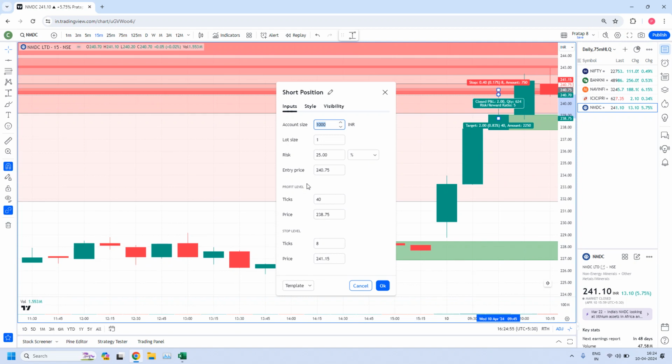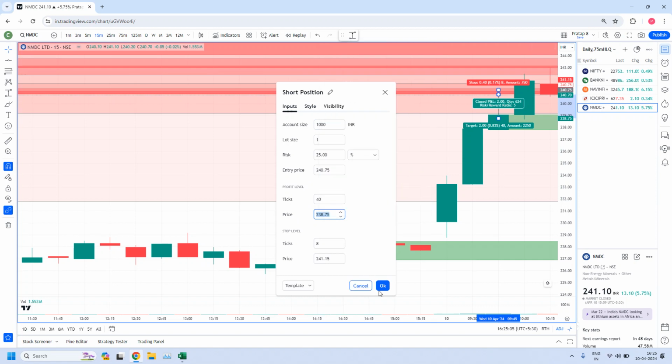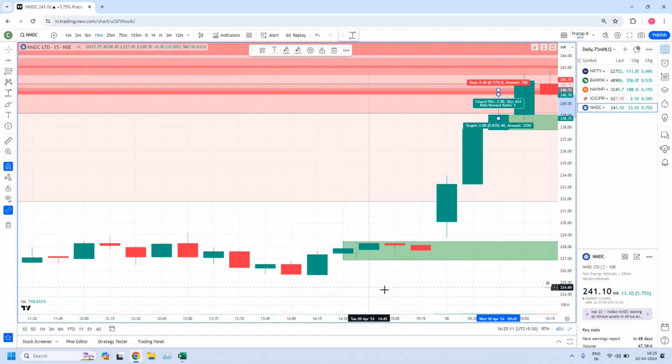So where is the entry price, where is the target here? This is the entry, this is the profit level. See 238.75. If prices reach 238.75, we will get 1:5 RR. Let me draw a horizontal line.